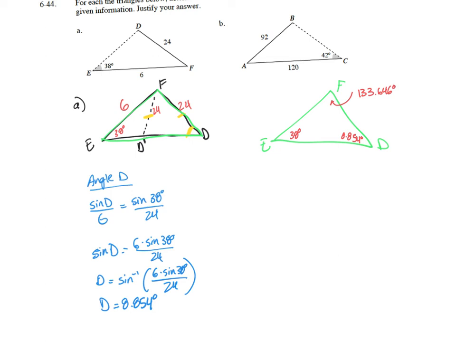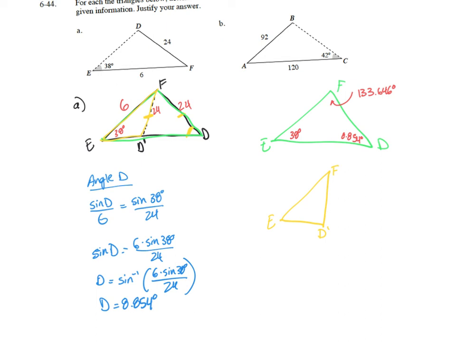Now what we're going to do is go down and isolate the smaller triangle. So this smaller triangle that's here with E, F, and D prime. I'm going to recreate that as such. E, F, D prime. Now stick with me. I know that this angle formed here on the inside, 38 degrees.